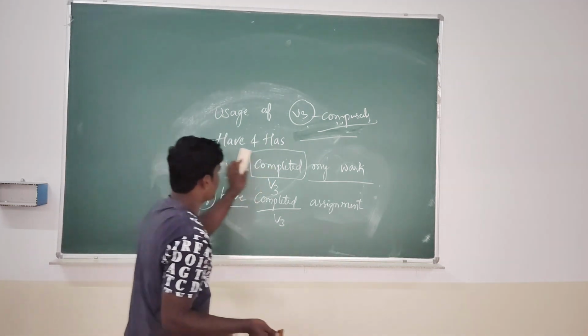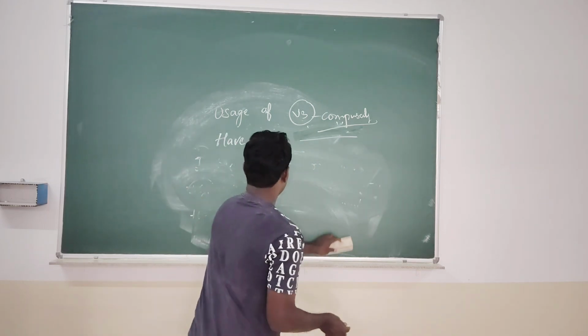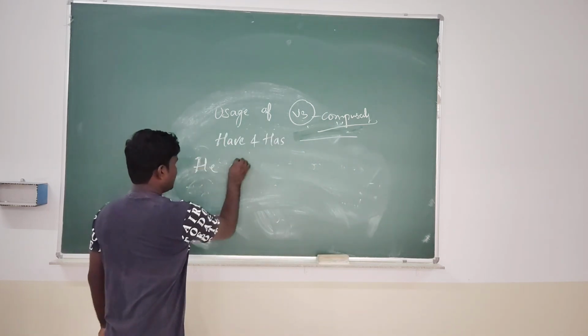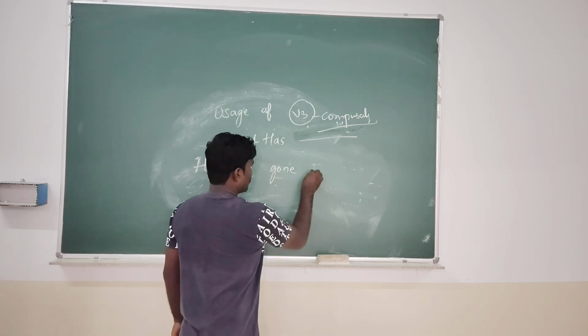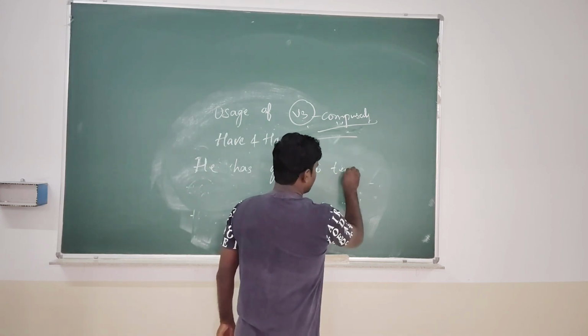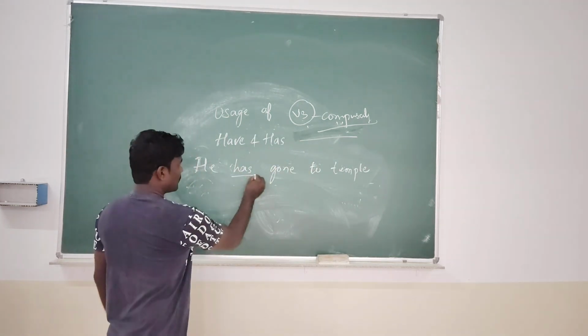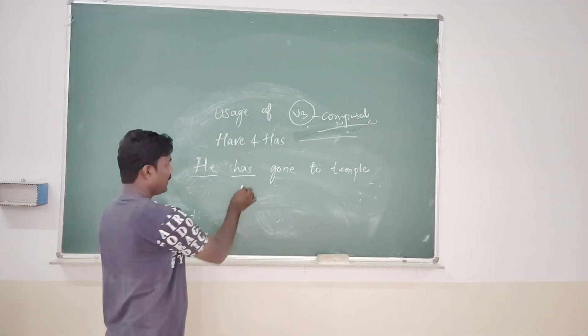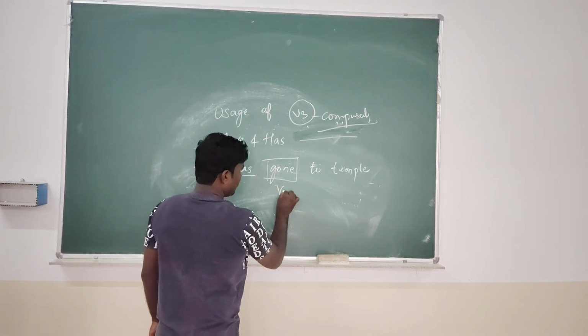Now I am making some more sentences. He has gone to temple. When we use he or she, it must be has. Then this is the V3 form.